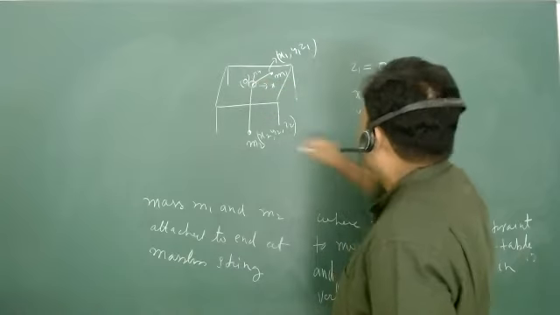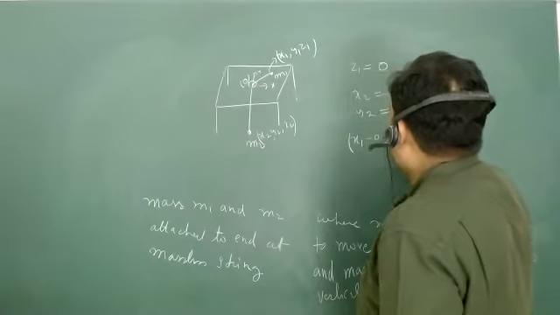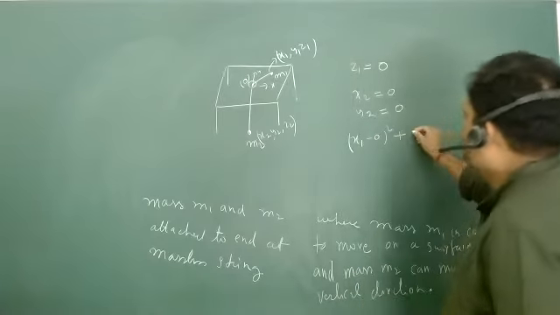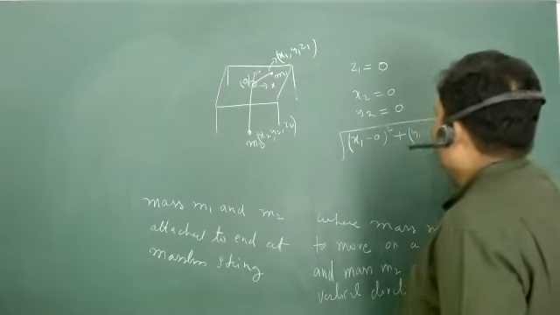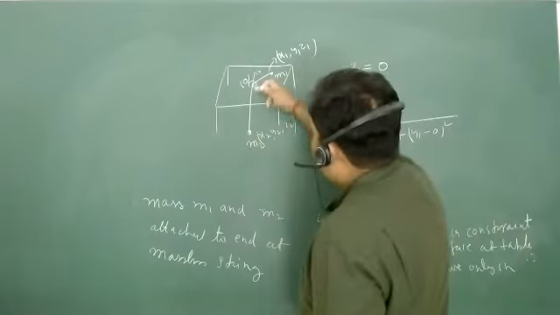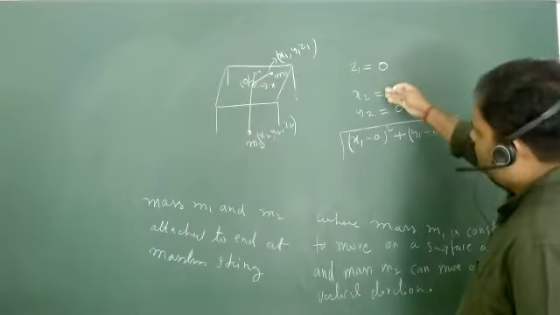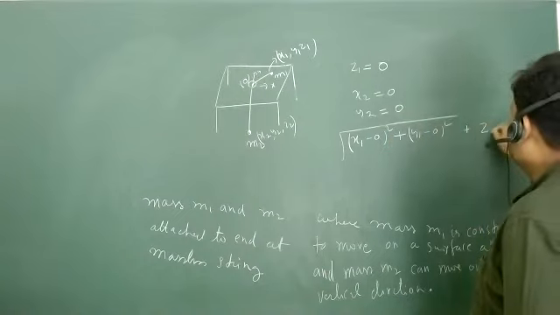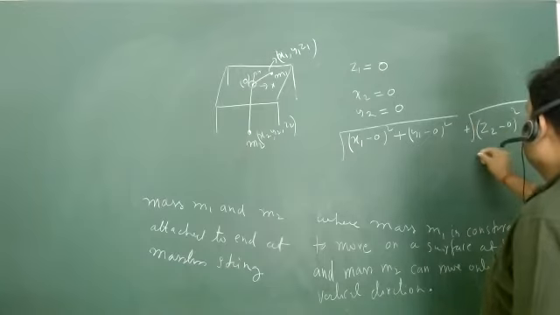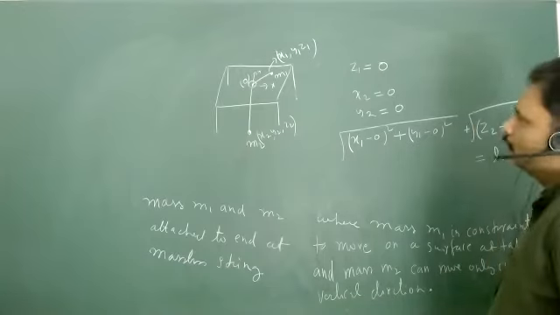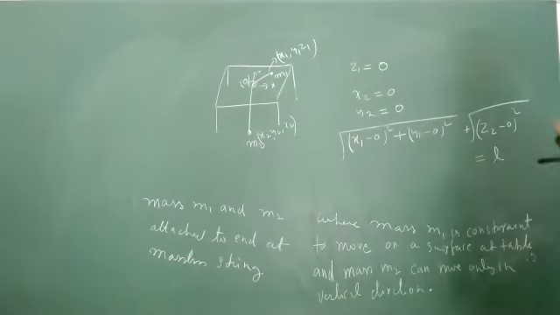This length is the square root of (x1 minus 0) whole squared plus (y1 minus 0) whole squared. And what about this length? Since x2 and y2 are 0, this is the square root of (z2 minus 0) whole squared, and the total is equal to the length L. Suppose the string has length L.